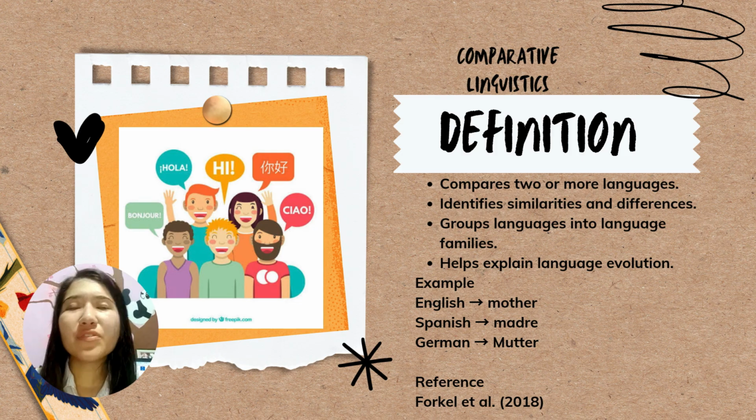Comparative linguistics also supports research in archaeology, anthropology, and other disciplines by providing evidence about the history of human language.